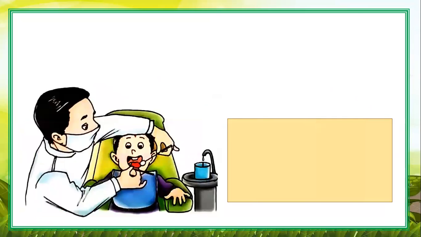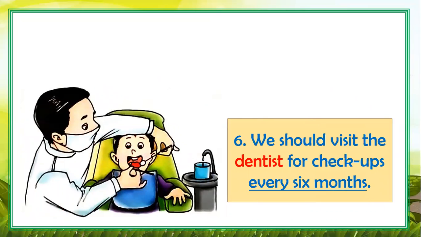And the last one, we should visit the dentist for checkups every 6 months. Even though you don't have a rotten tooth or tooth decay, make sure that you still visit the dentist for checkups. You could also do some tooth cleaning to maintain white teeth.